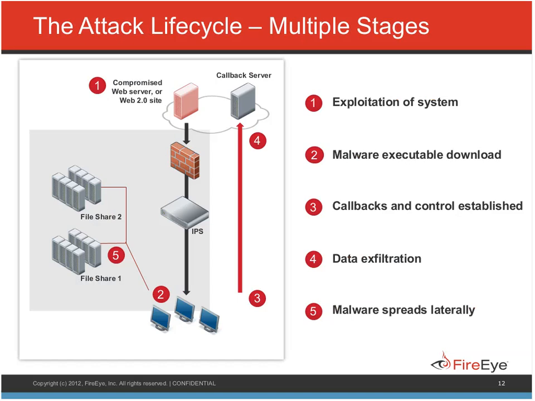Let me go step by step in talking about the attack lifecycle. We've covered the multi-vector nature of today's attacks, the fact that they're using web and email, and blending these techniques with application-based attacks with weaponized files. But from a step-by-step perspective, how is this actually happening? Step one is simply the exploitation of the system.